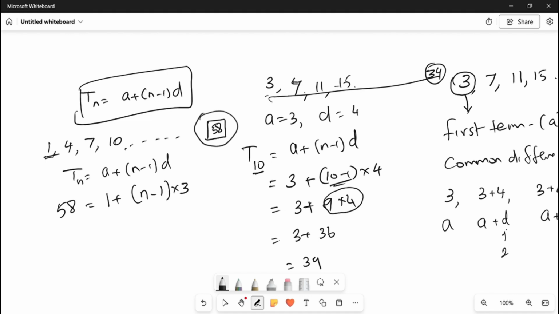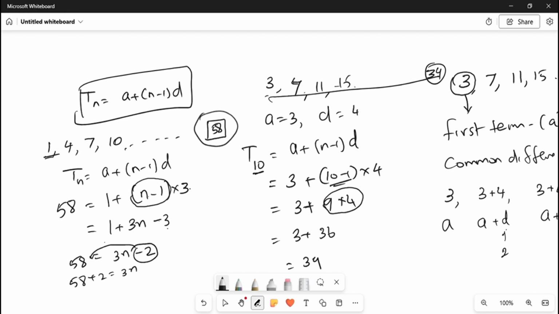So let's work out: 1 plus, you have to multiply this n minus 1 by 3. The whole thing should be multiplied, remember. So 3 into n, 3n minus 3. So the answer is 3n, 1 minus 3, which is minus 2, equals 58. Take this minus 2 to this side, 58 plus 2 is 3n.